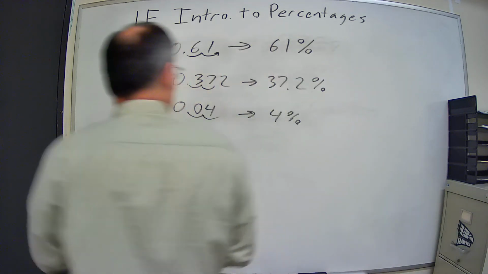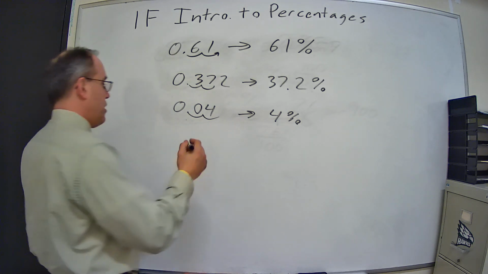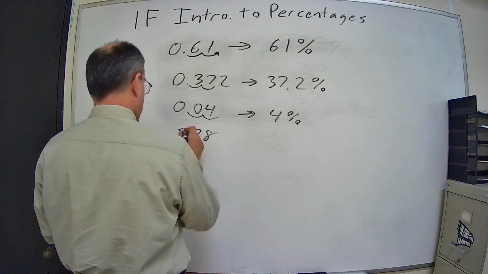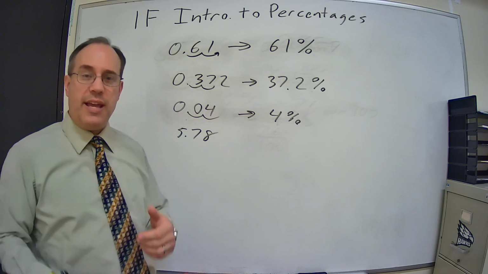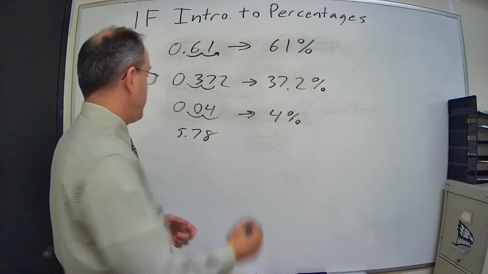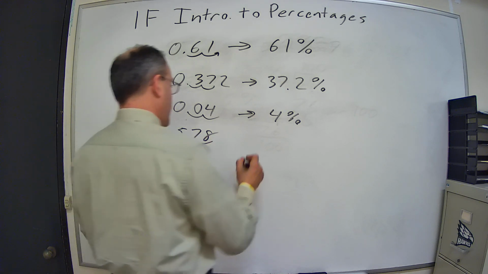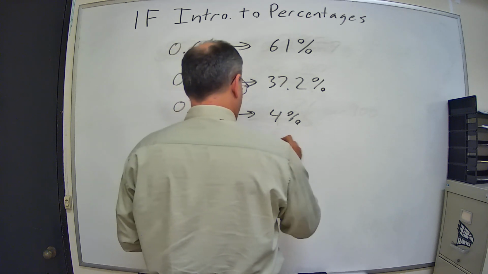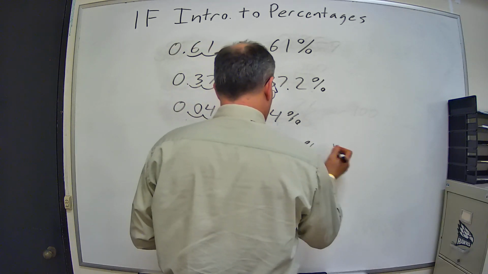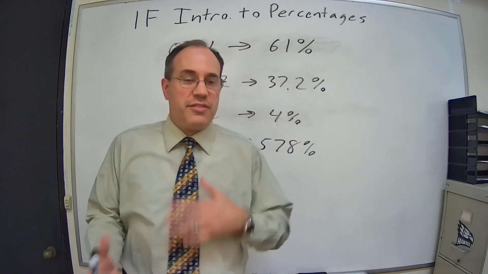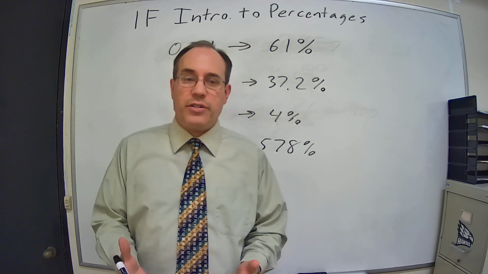So let's do one more here before we finish. What if I have 5.78, and I want to convert that to a percent? I'm going to move that decimal point over 2 places to the right, which gives me 578%. So working with percentages, working with decimals, very similar.